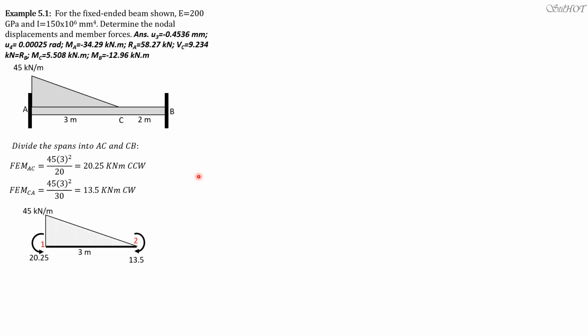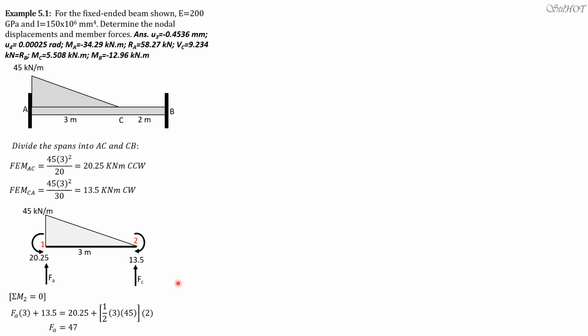Next, let's solve for the fixed reactions or forces by taking moment at one end. Call that FA, then that's F sub C. Summation of moment at 2 equals 0. So we have FA times 3 plus 13.5 equals 20.25 plus 1 half of 3 times 45, then the moment arm is 2.